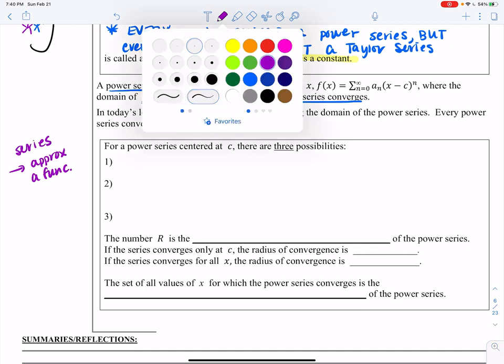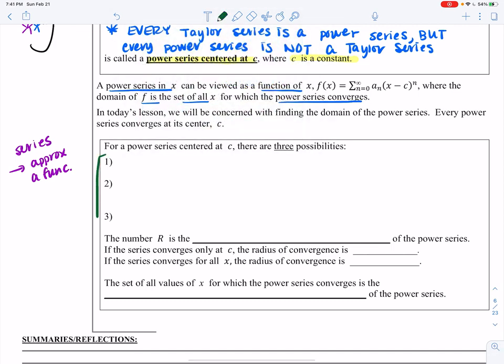So you're going to run into one of 3 cases. Very important. Option number 1 of your 3 possibilities is that your series converges only at c, the center.